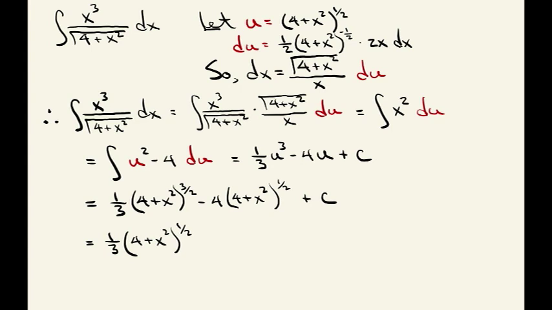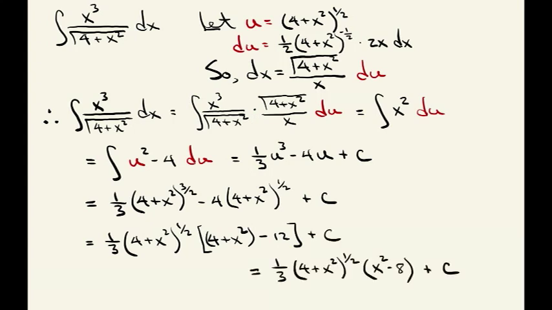That leaves us with, from the first term, simply (4 plus x squared) to the 2/2 power, in other words, 4 plus x squared, minus, and then the second term, we're factoring out the entire (4 plus x squared) to the 1/2, but then we're also dividing 1/3 into 4, giving us 12. So 4 plus x squared minus 12 is the second factor, and that reduces to 1/3 times the quantity (4 plus x squared) to the 1/2 power times (x squared minus 8), plus our constant of integration.